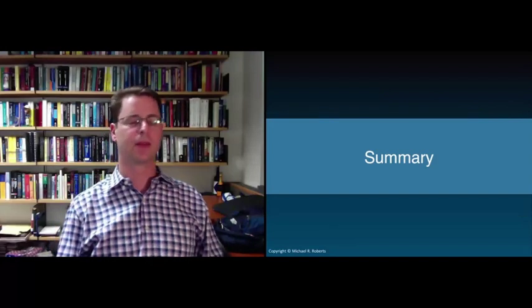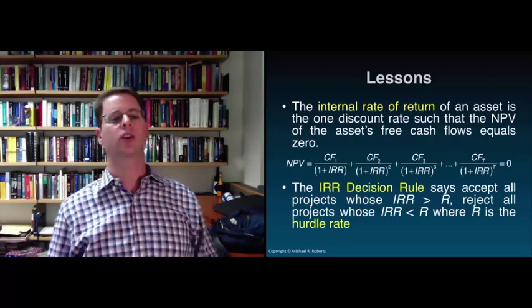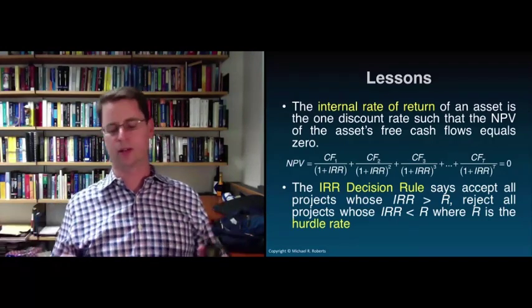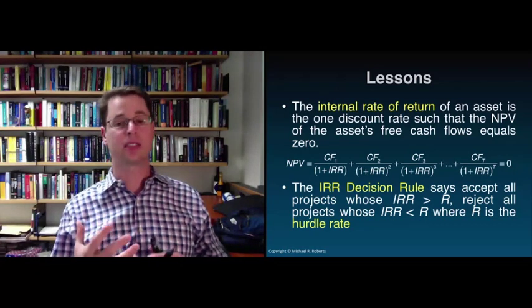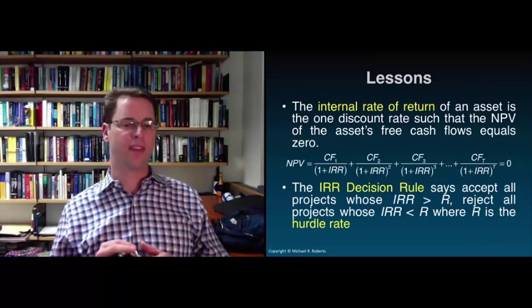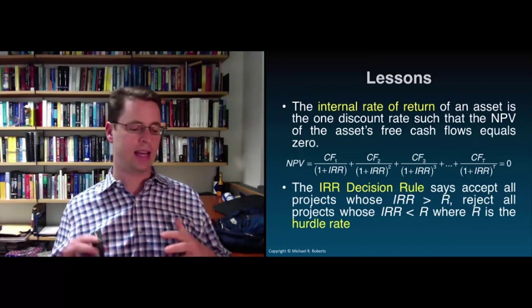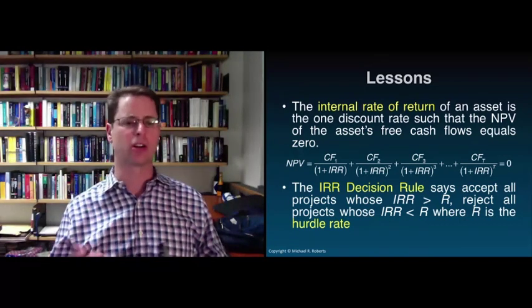Okay, let's summarize this. What are the lessons here? Look, internal rate of return is useful. It's a way to convey the attractiveness of a project or an investment in a manner that investors get returns.